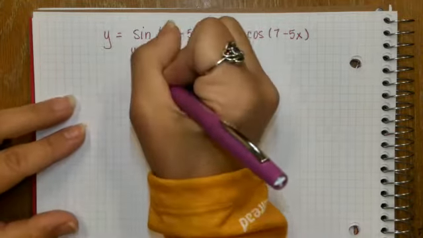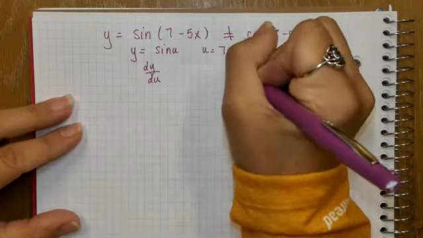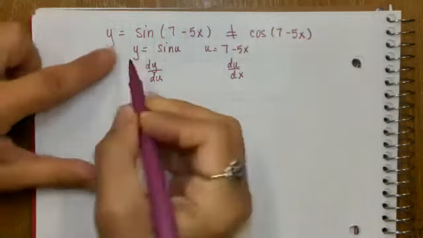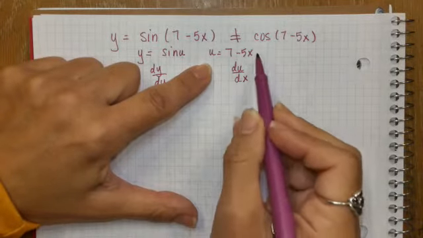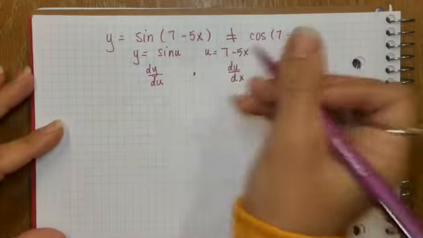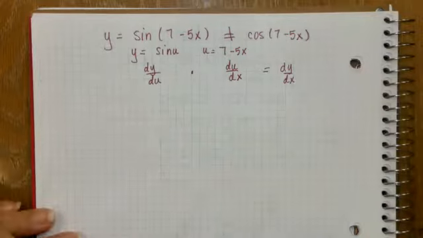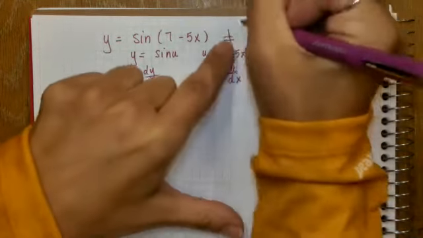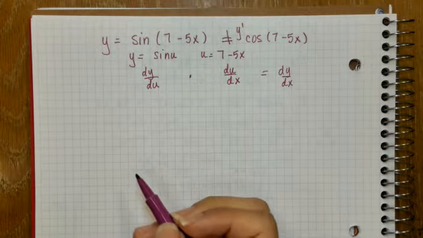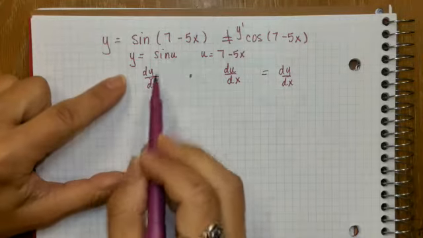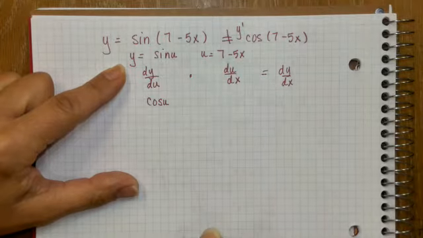Okay, well, let's do that same process. Let's find the derivative of y with respect to u, and let's find the derivative of u with respect to x. My y function, I'm deriving with respect to u, and my u function, I'm going to derive with respect to x. And when you multiply these together, I think you will agree that this is dy dx, and I should put here y prime. Okay, well, the derivative of y with respect to u is the cosine of u. Derivative of sine is cosine.